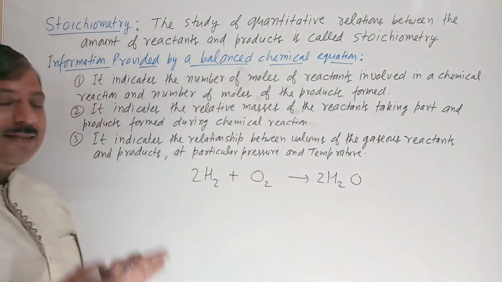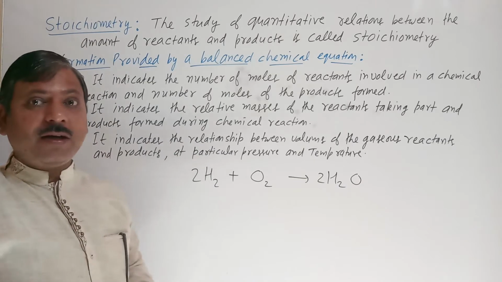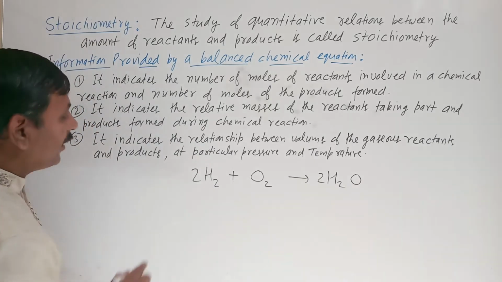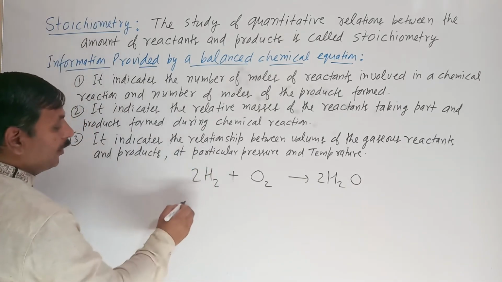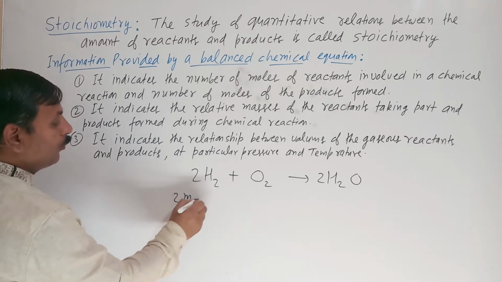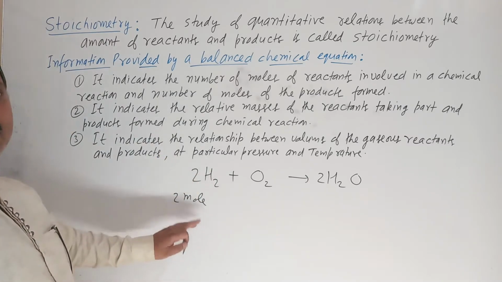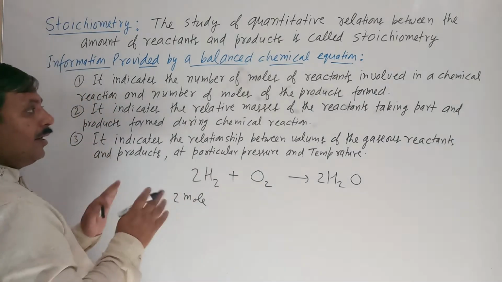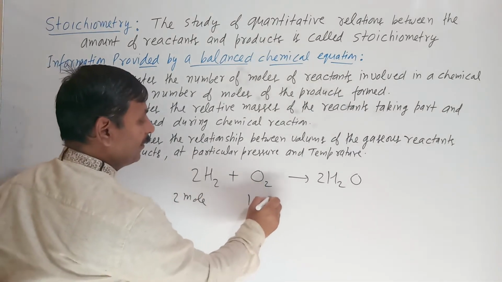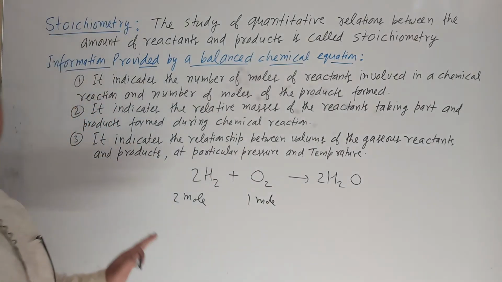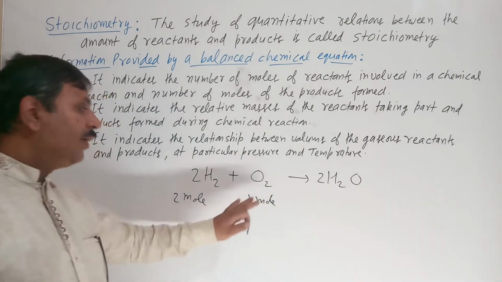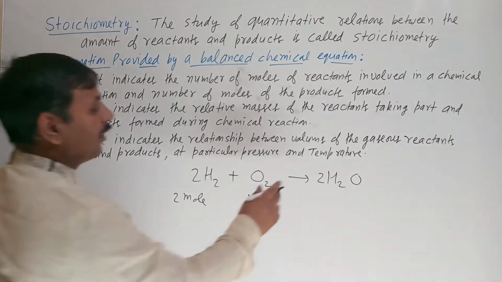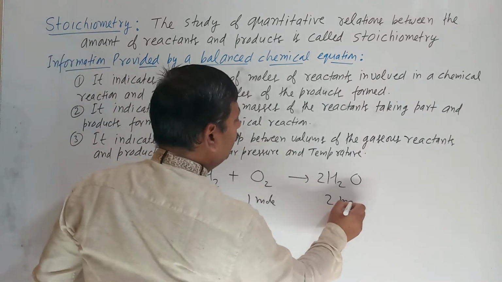From the balanced chemical equation, what information are we getting? First, 2 moles of hydrogen take part in the reaction with 1 mole of oxygen, and they form 2 moles of water.